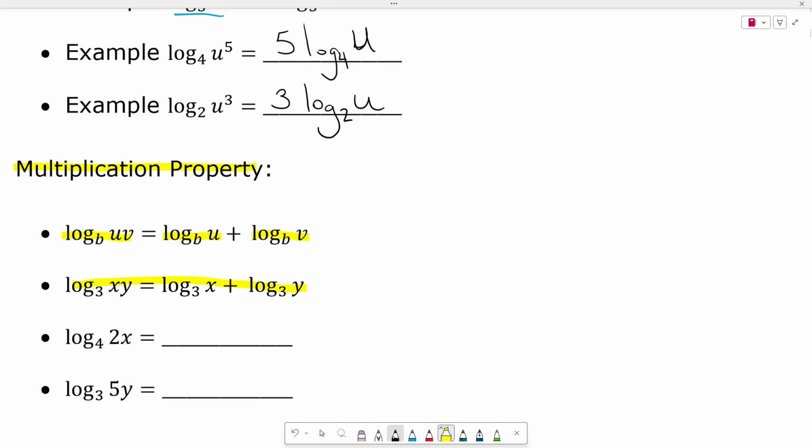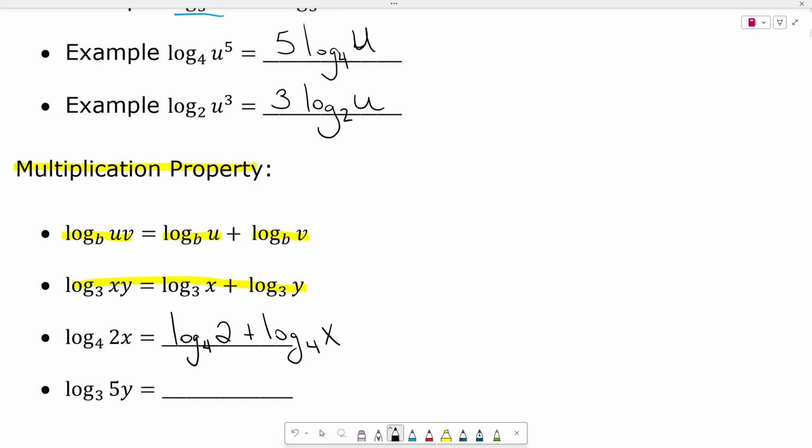So looking at our one we have to work out, I have the log base 4 of 2x. So this becomes log base 4 of 2 plus log base 4 of x. So we now have two log problems to look at that are much smaller and easier to deal with.